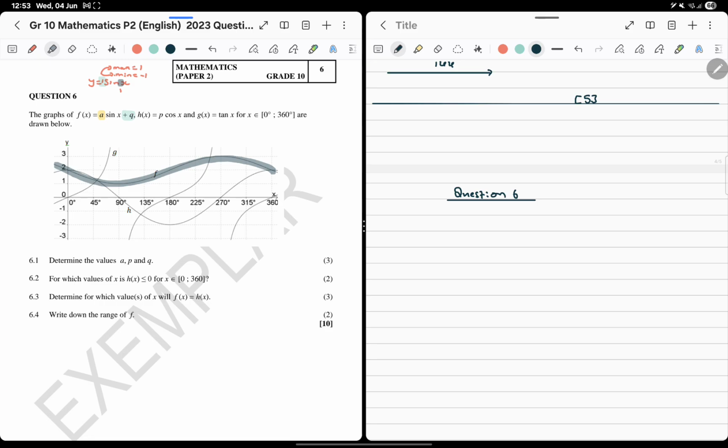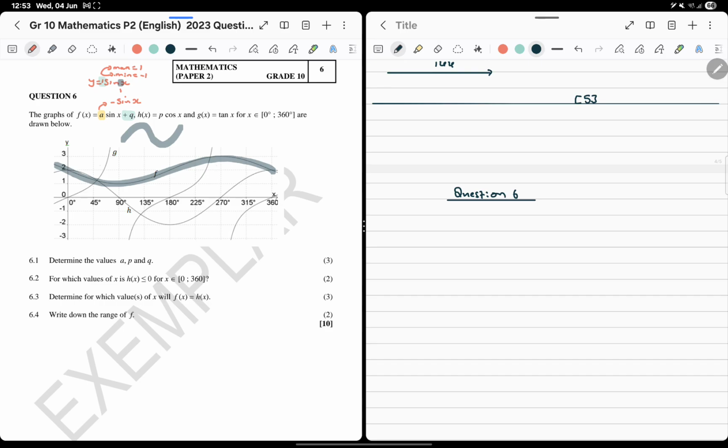But now this sine wave is wrong because it normally starts like this instead. So it's inverted. If it is inverted, it means our a here is less than 0. So this is minus sine x, of course. But before we decide this is just minus 1, let's look at the amplitude.